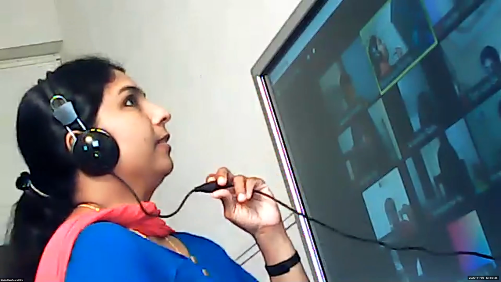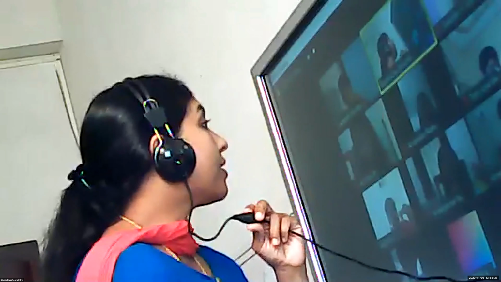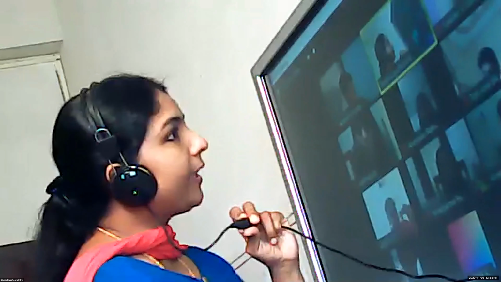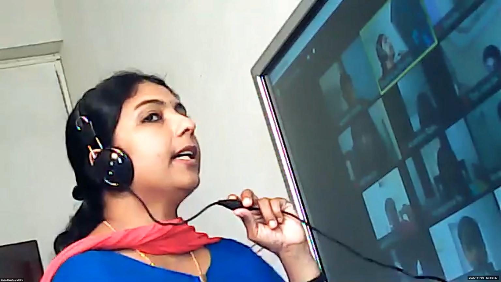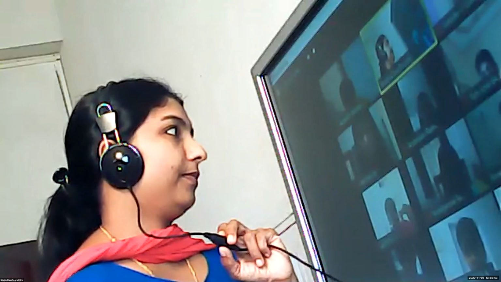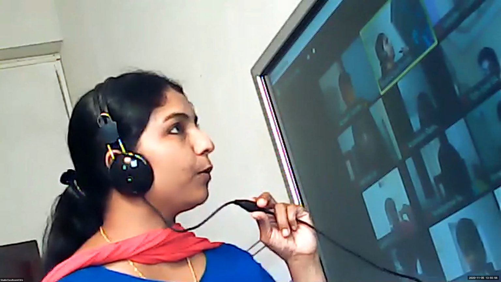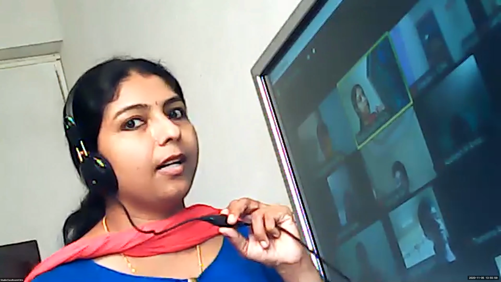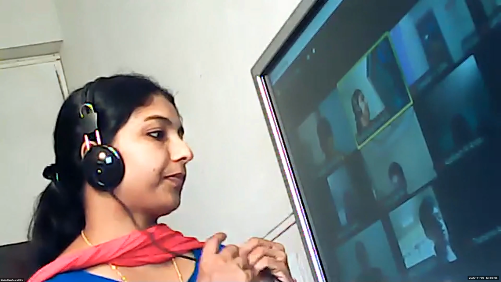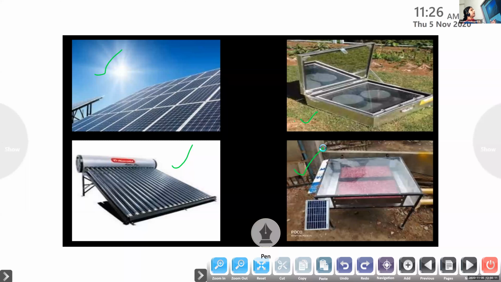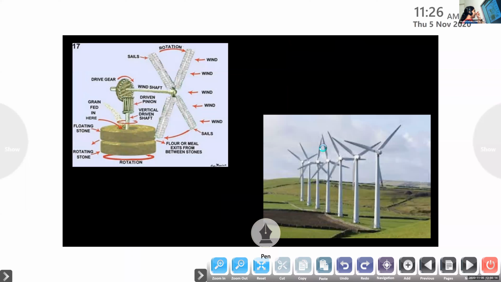For a long time we have been using windmills. But in olden days, windmills were not used for generating electricity. They were used for grinding grains and lifting water. In modern days we use windmills to generate electricity for industries. Many industries work on wind energy.